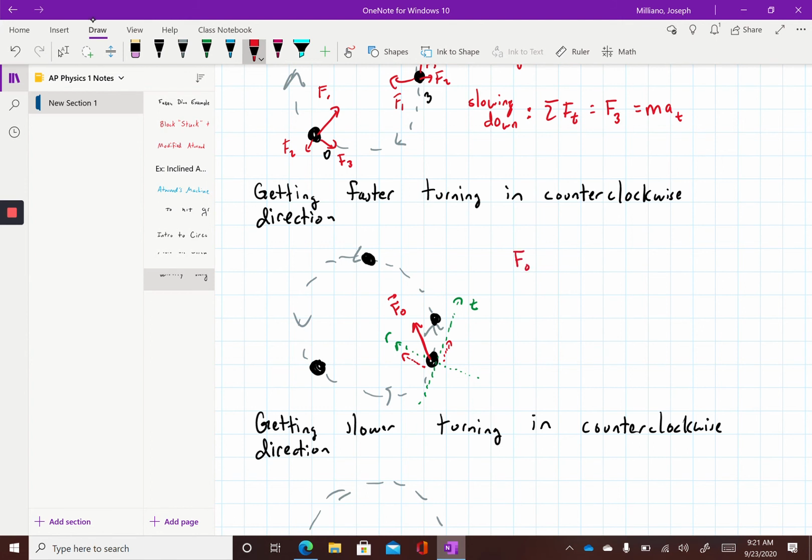And so F naught both increases speed with its tangential component, and turns with its radial component.